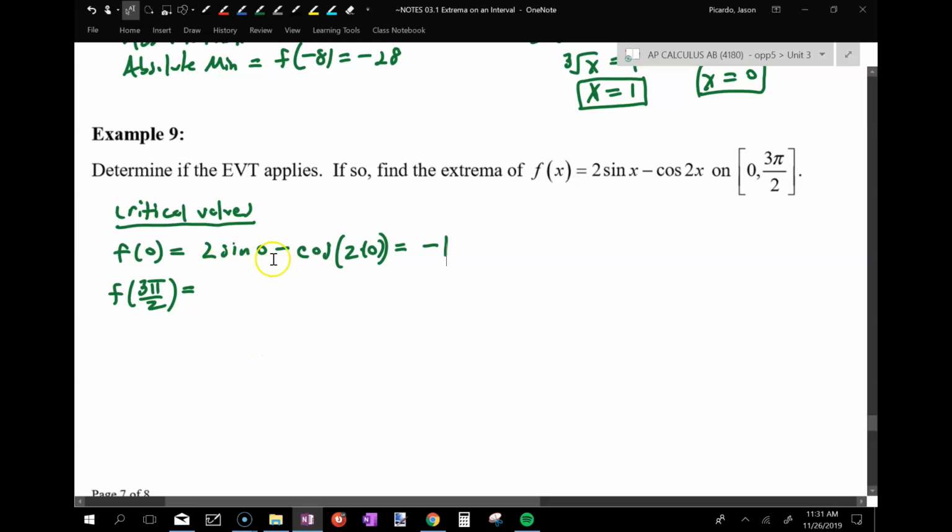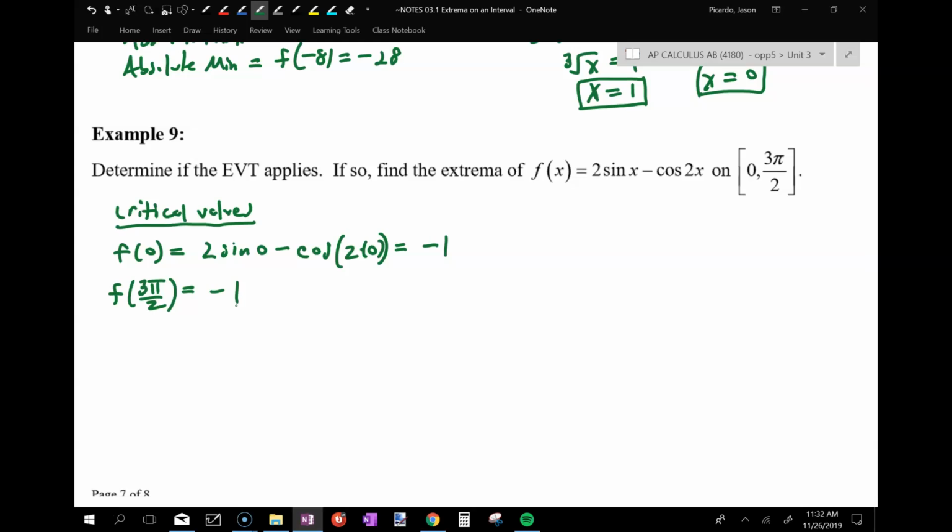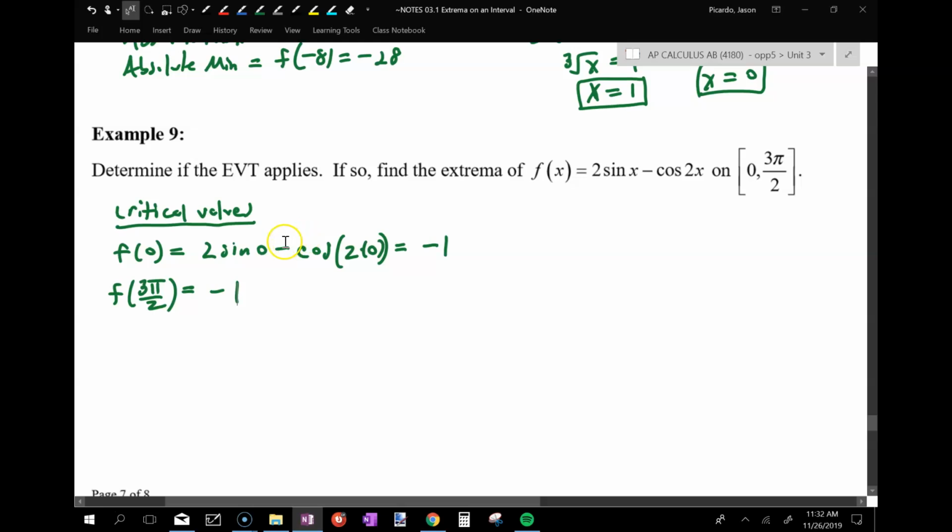Good. So we plugged 3 pi over 2 in, right? So this is equal to -2. Oh, wait, -2, not -1. Thank you. That was a close call.